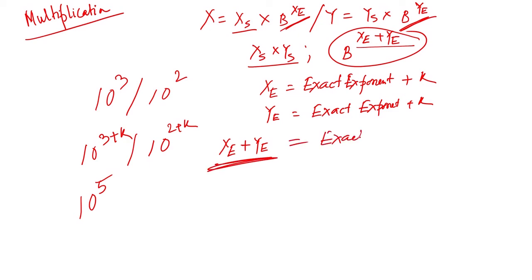Exact exponent of number x plus exact exponent of number y plus 2k. So, the bias is coming twice, but the exact exponent is encoded into biased exponent, that means exact exponent plus k, but it is coming twice.